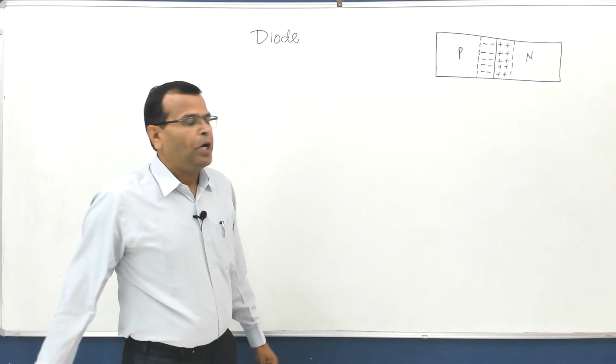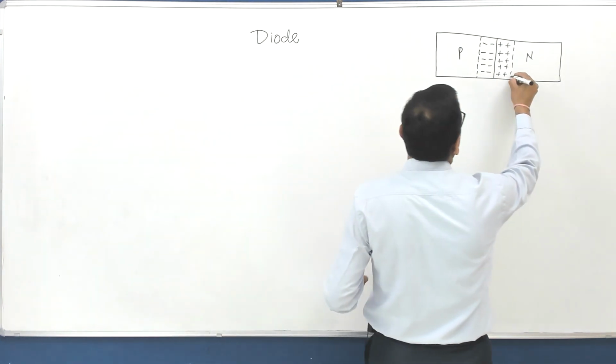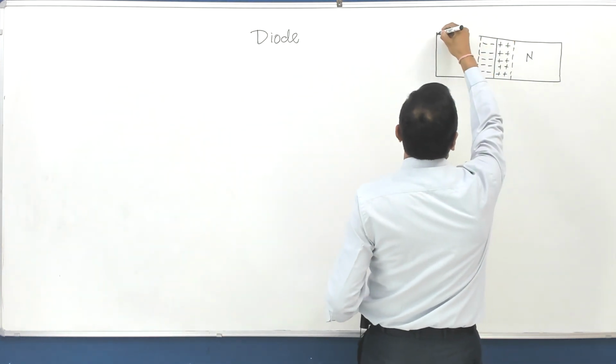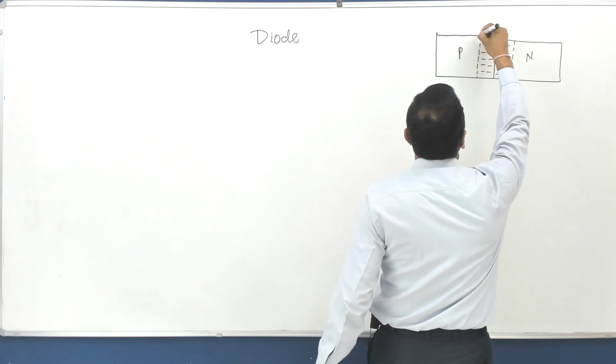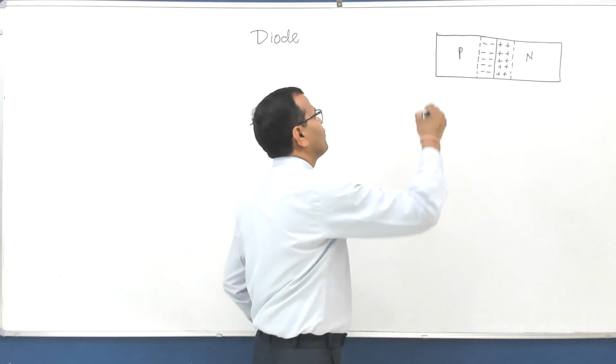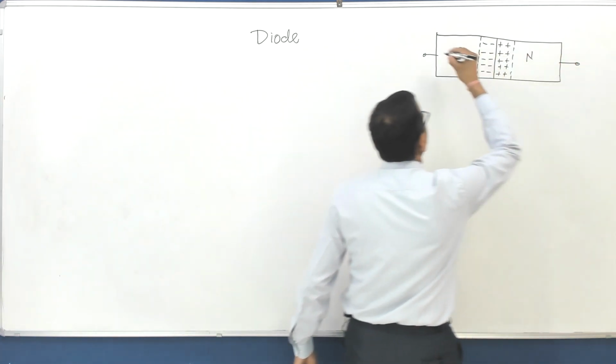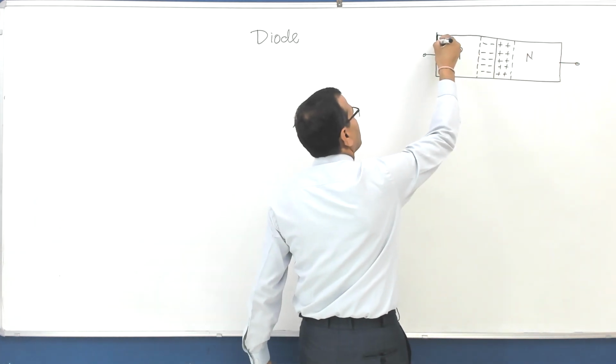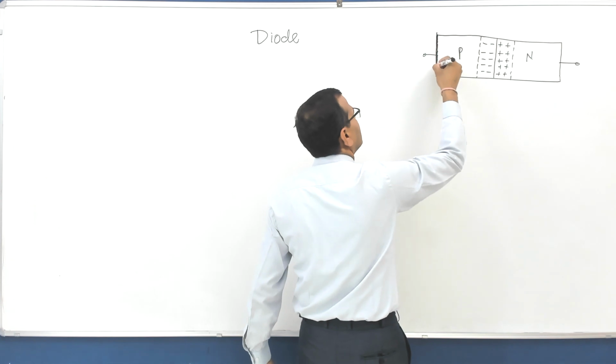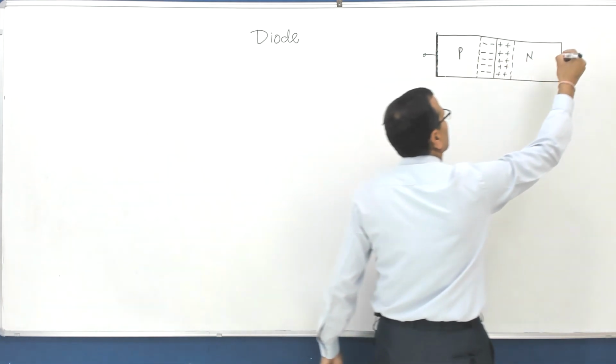This is your depletion layer across the junction of the diode. These are the terminals of the diode. This is the metallic contact we have already discussed.